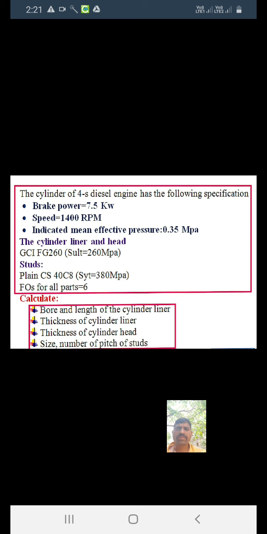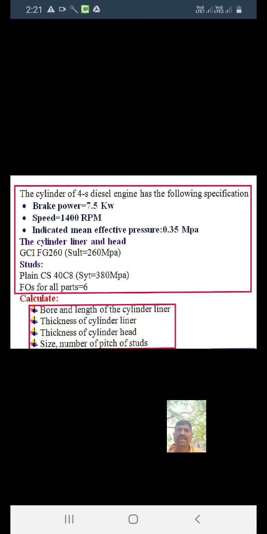The cylinder of a 4-stroke diesel engine has the following specification. Brake power BP is equal to 7.5 kilowatt. Speed is 1400 rpm. Indicated mean effective pressure is 0.35 MPa.